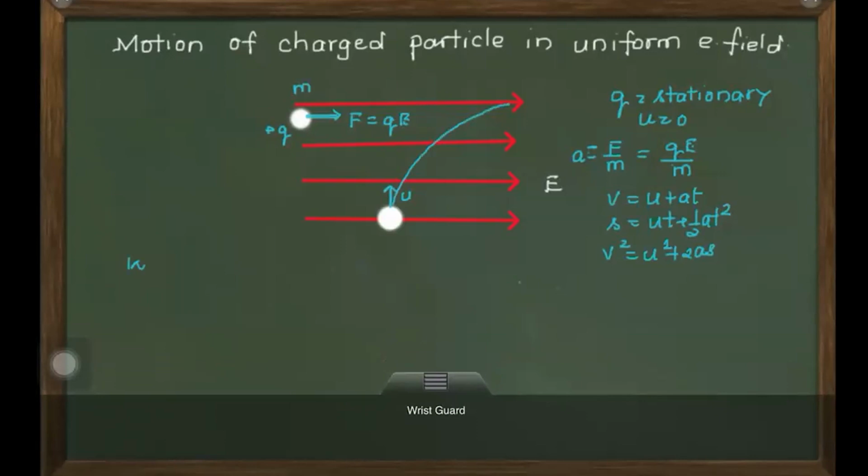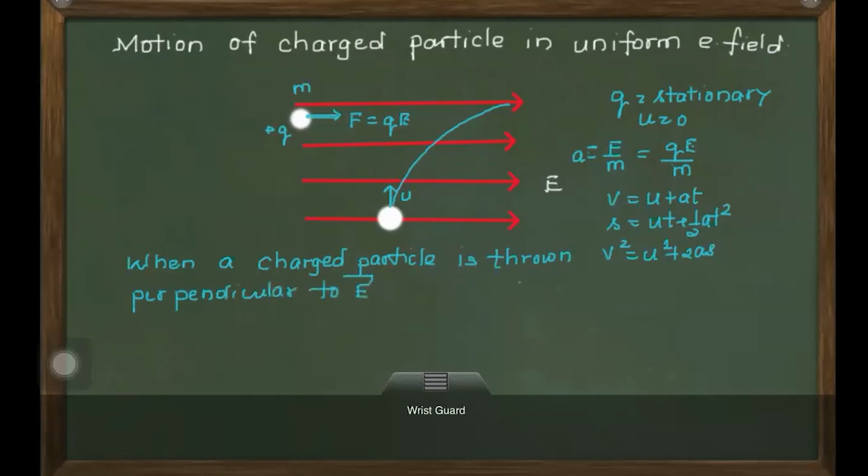So when a charged particle is thrown or made to move perpendicular to the electric field, its path will be parabolic.